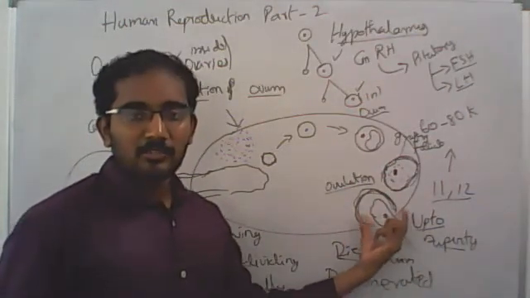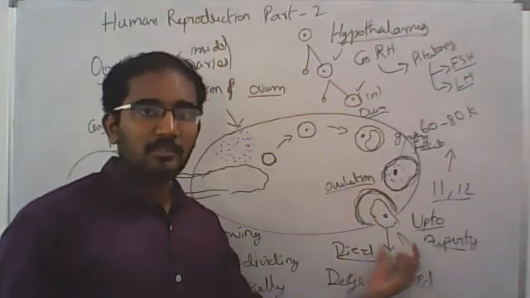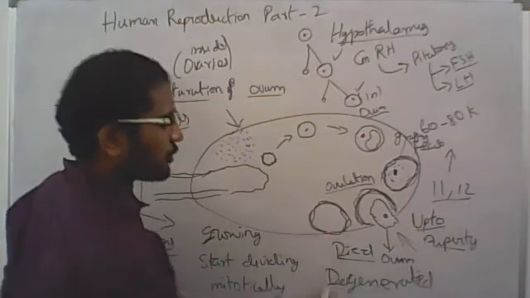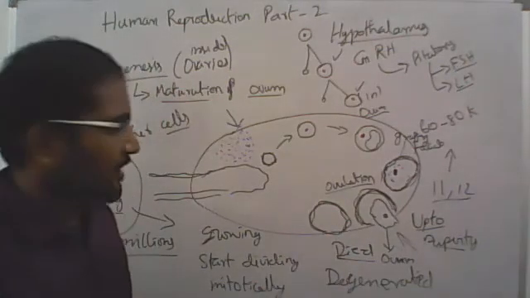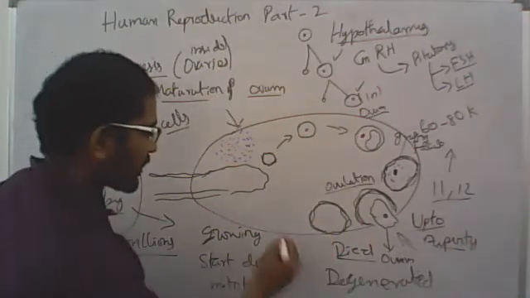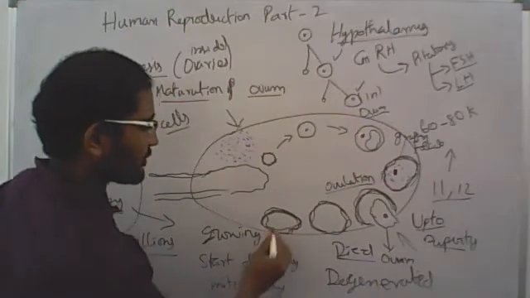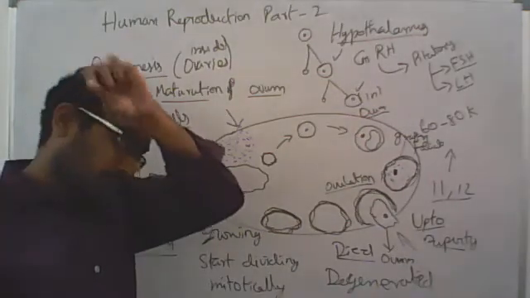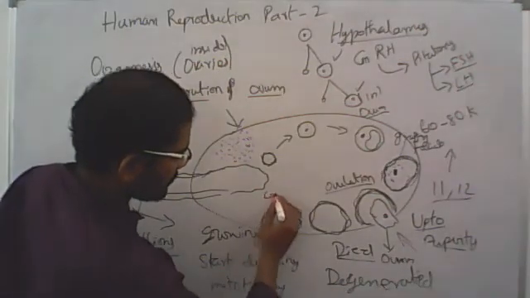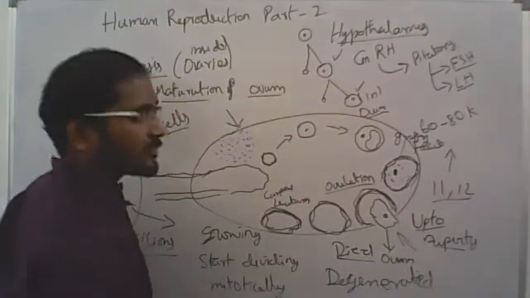Okay, let's listen. Now the graafian follicle is emptied. The ovum is released, and only the empty graafian follicle is there. This graafian follicle is converted into a temporary gland called the corpus luteum.